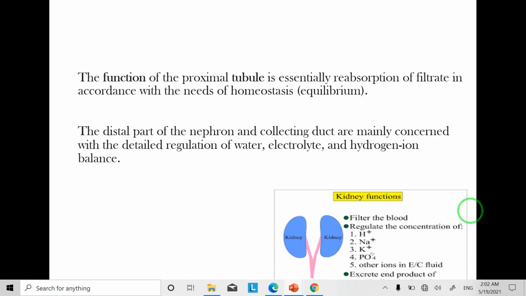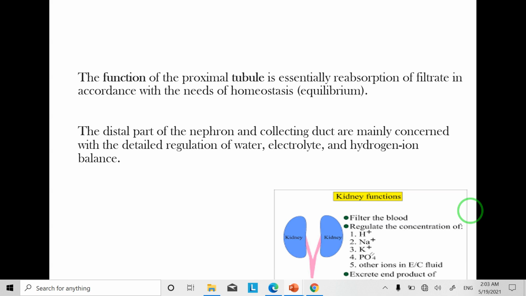About 75% of water, sodium, and chloride, 100% of the glucose, almost all of the amino acids, the vitamins, and protein, and variable amounts of the urea, uric acid, and ions such as magnesium, calcium, potassium, and bicarbonate are all reabsorbed. About 98 to 100% of the uric acid is actively reabsorbed in the proximal tubule.